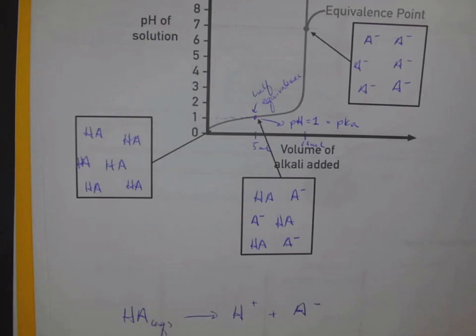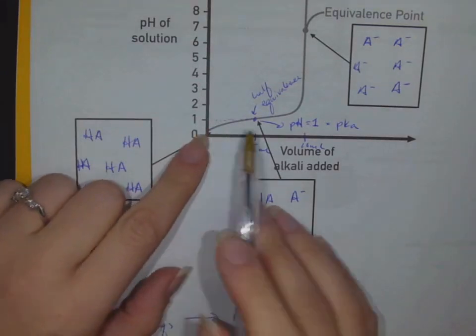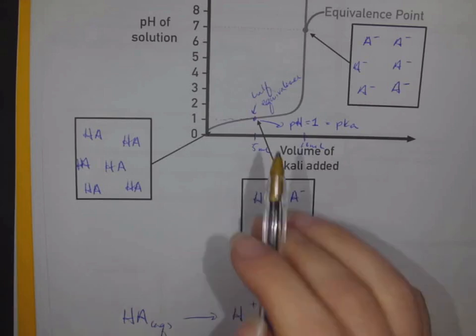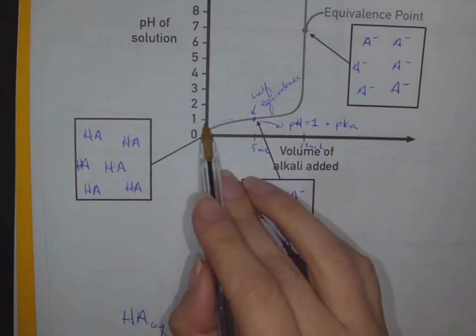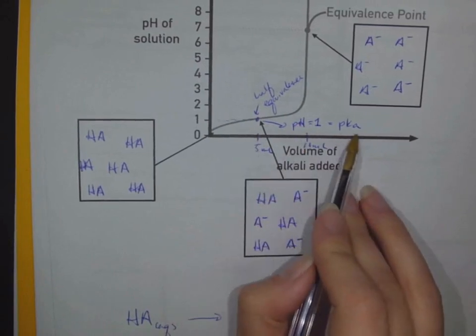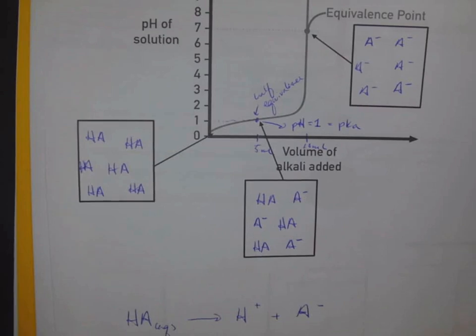And where this can be really helpful is when you're given one and you're asked for the other, then you can actually use the titration curve. So let's say they showed you this titration curve and they asked what the pKa is, then you would find the half equivalence and you'd be like, well, the pH at the half equivalence is 1, and so that must equal the pKa.